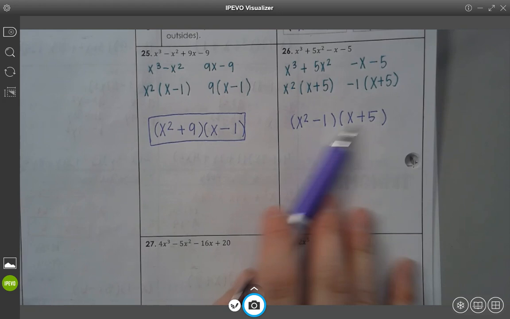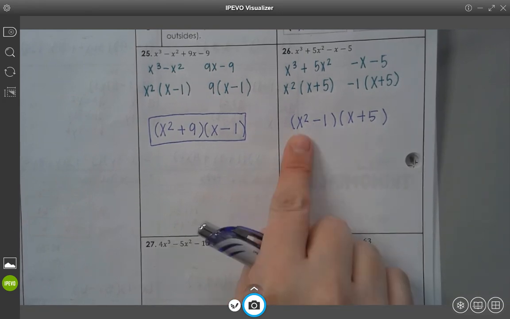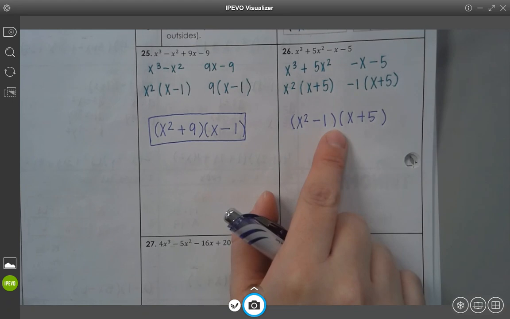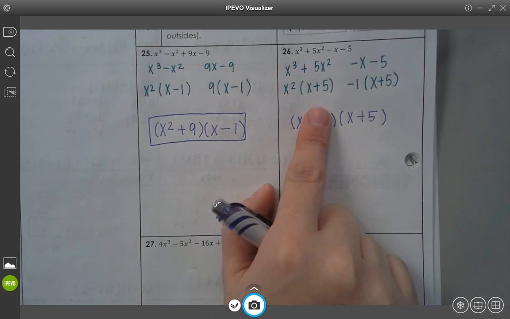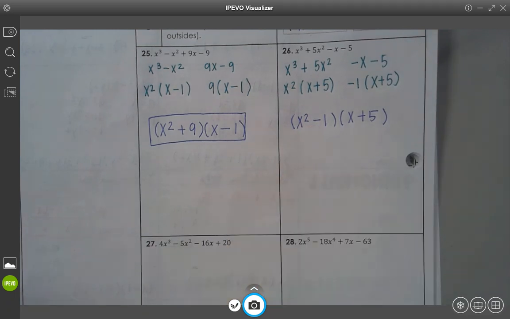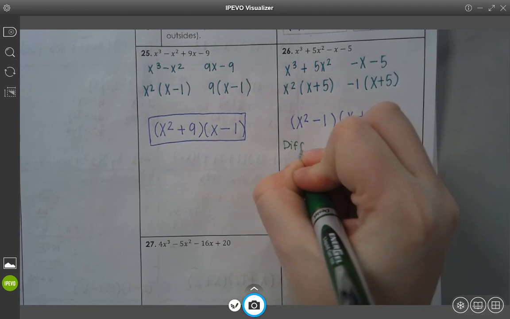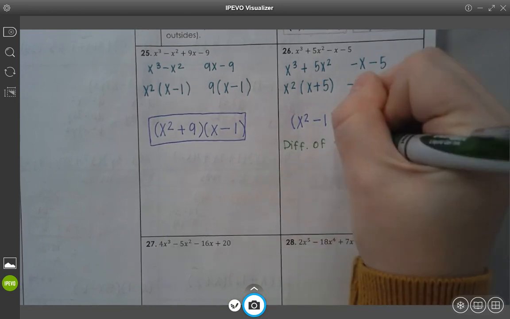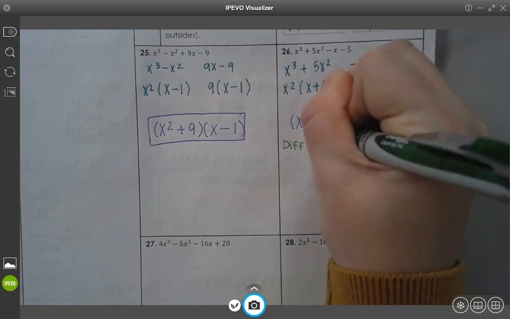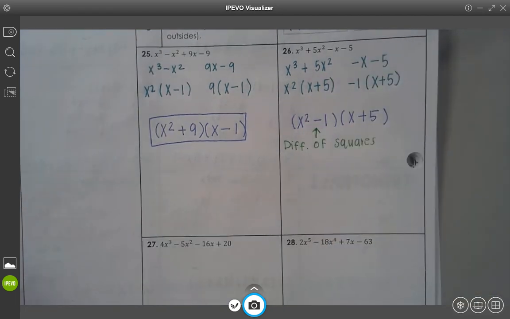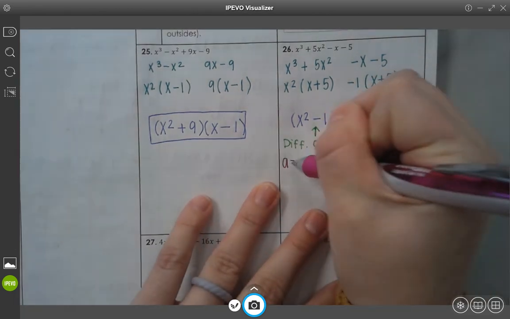Can either of those be factored again? Yes. X squared is a perfect square. 1 is a perfect square. And it's subtraction. So it's difference of squares.